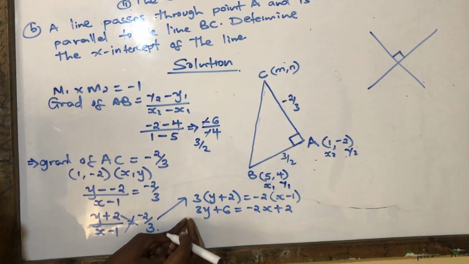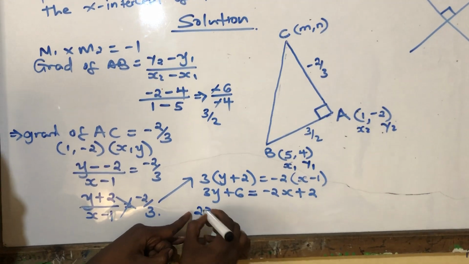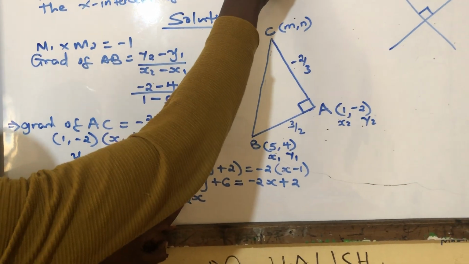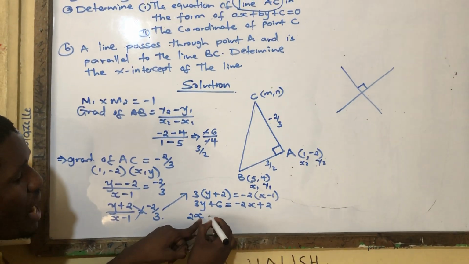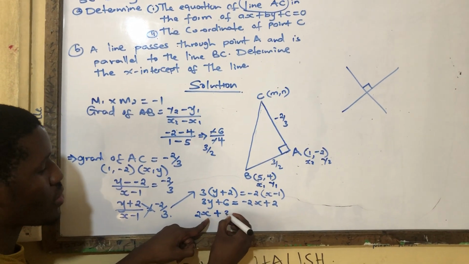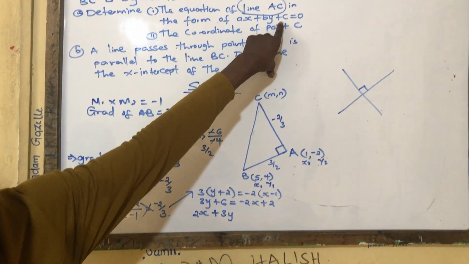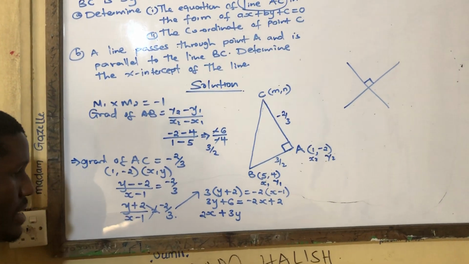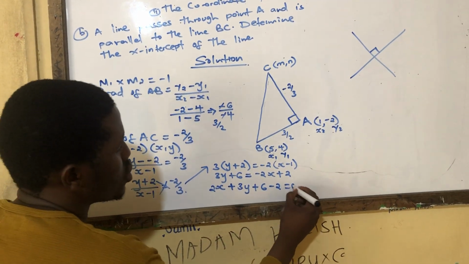The rules of maths are, if a negative number will cross the equal sign, it becomes a positive. So I'll be having positive 2x. Followed closely by by, which is to mean that which is carrying y should follow. So I will follow it with 3y. Then the c is supposed to be coming last, which is to mean I will transfer the 2 to this other side. So that we'll be having plus 6 minus 2 is equal to 0.